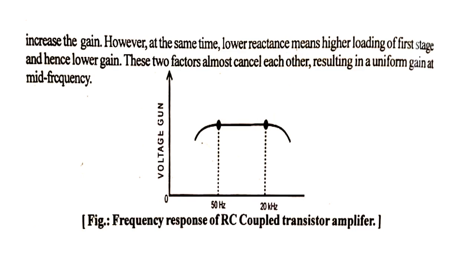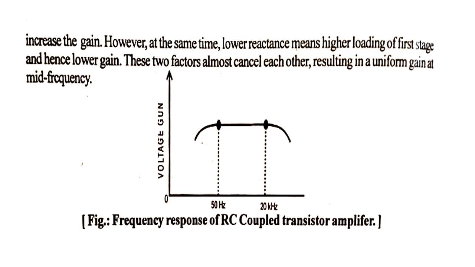Now, at high frequencies greater than 20 kHz, the reactance of CC is very small and it behaves as a short circuit. This increases the loading effect of the next stage and serves to reduce the voltage gain.